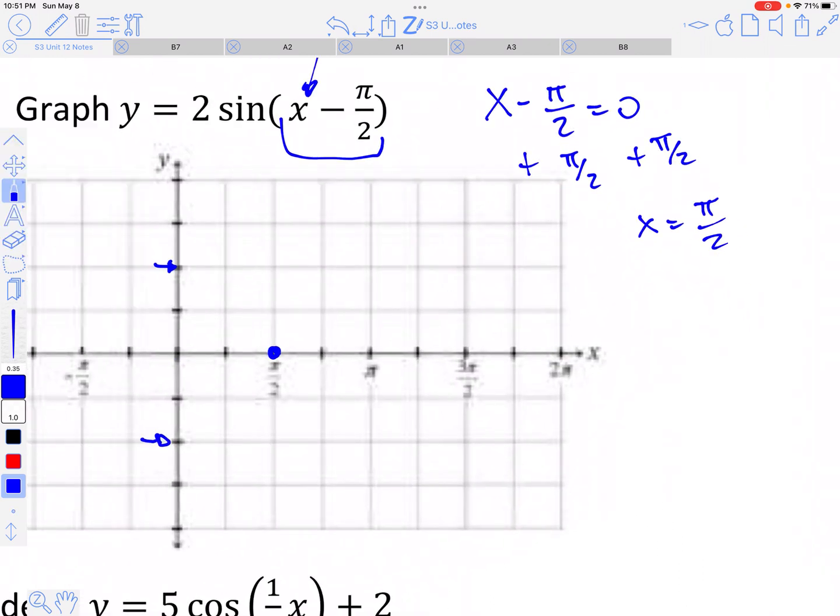So pi halves, and then we have to end 2 pi away from pi halves, right? Because we still have to finish our period in 2 pi. Notice pi halves is 2 blocks, and we're going to run out of room. So it's going to end over here at 2.5 pi. This is where it will end.